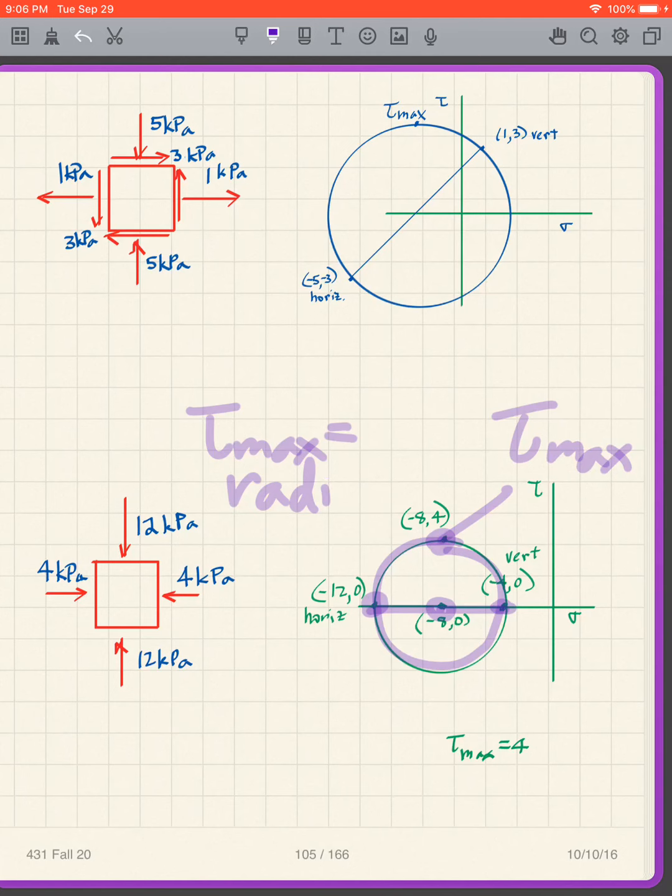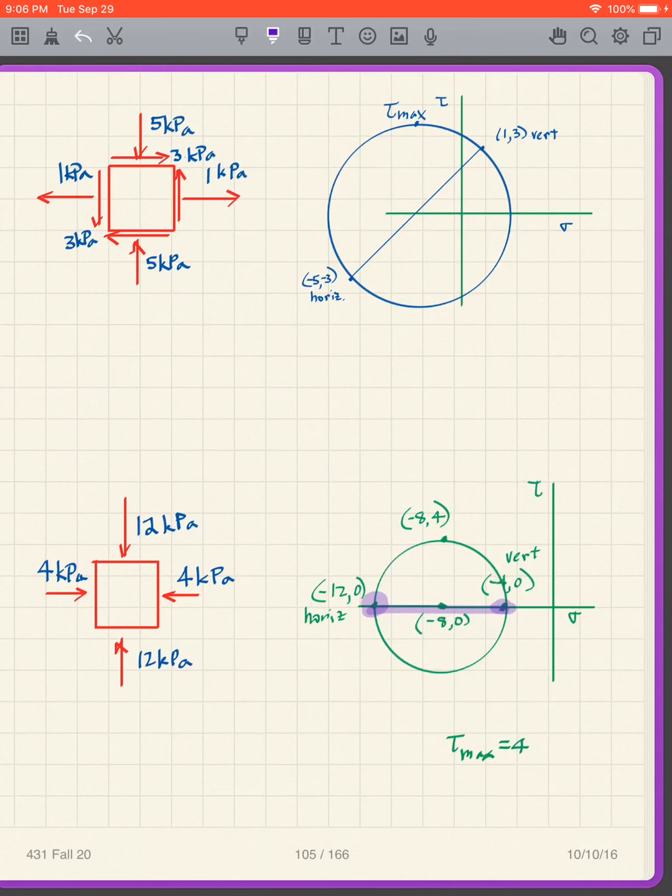So my radius is my y value. So my radius is 4. And so there's my tau max, it's 4. And if you figure this out, it acts on a 45-degree plane. So we are creating a tau max on the 45-degree plane.